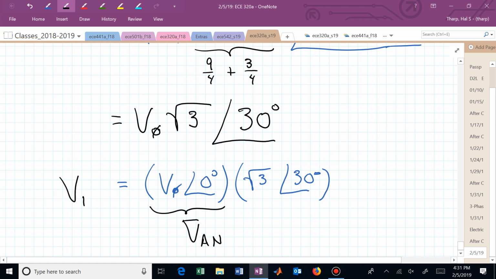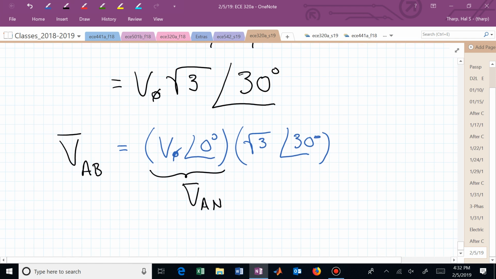This is now the relationship between our line voltage V sub AB and our phase voltage V sub AN for the A phase. V sub AB will be a square root of 3 bigger in value and magnitude, and it will be advanced by 30 degrees from whatever our phase voltage was before, which we assumed was at 0 degrees.